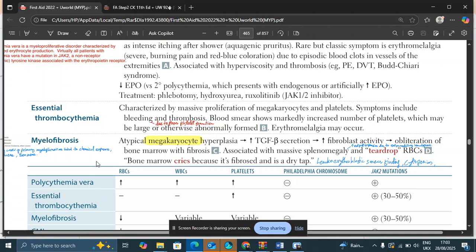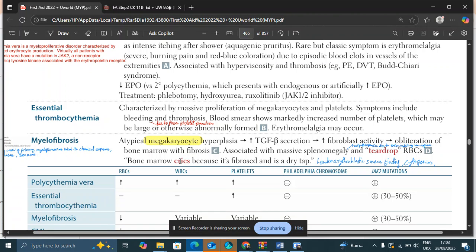Atypical megakaryocyte hyperplasia leads to increased transforming growth factor beta secretion, which leads to increased fibroblast activity, and increased fibroblast activity leads to marrow fibrosis. So in myelofibrosis, there is going to be bone marrow fibrosis.